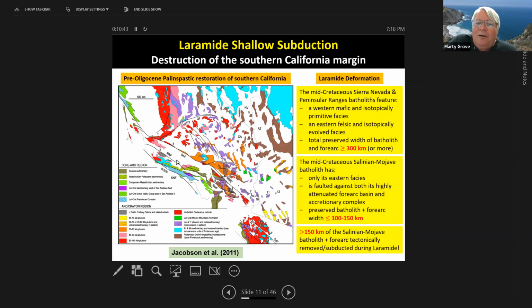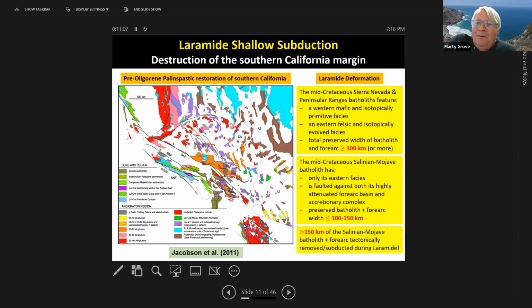Most of these rocks here are now a part of Salinia that have been displaced to central California. But you can see that to the north and to the south, the magmatic arc has an asymmetry to it, with a well-developed mafic western domain and a more felsic eastern domain.